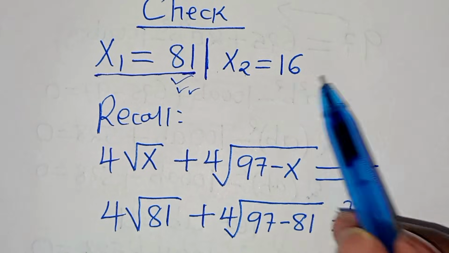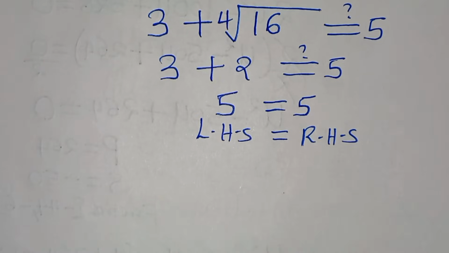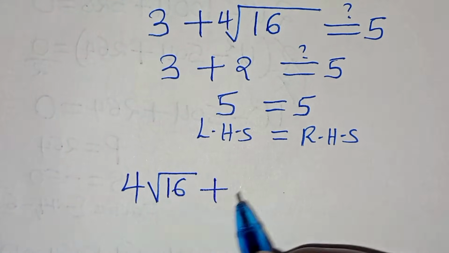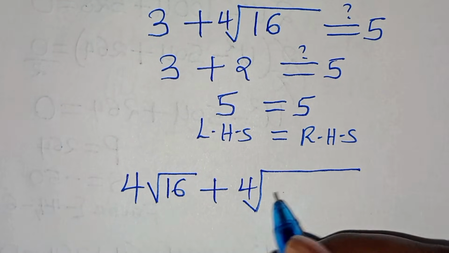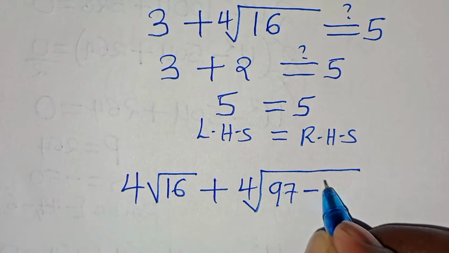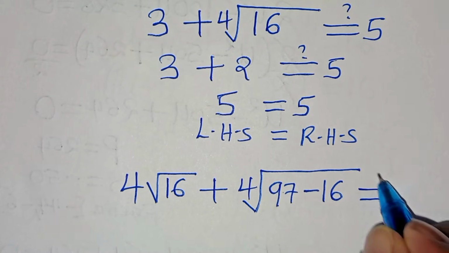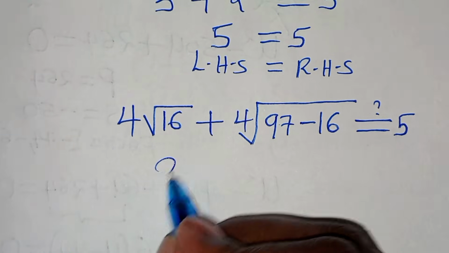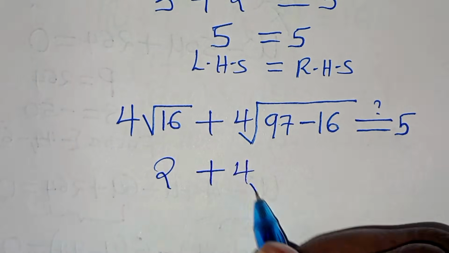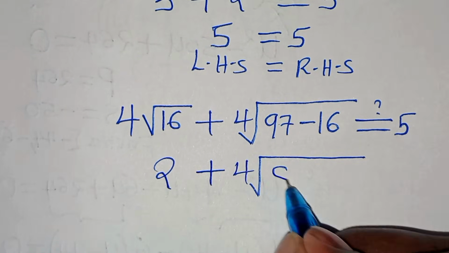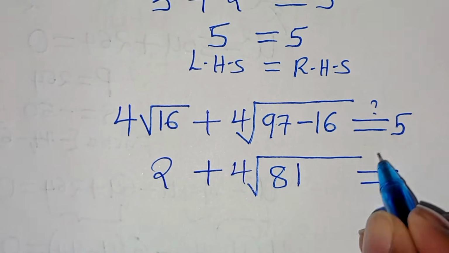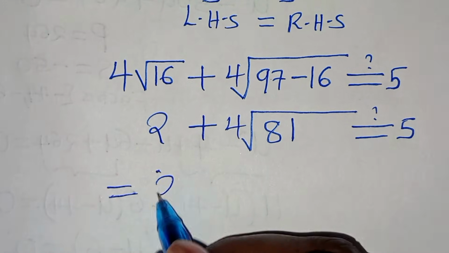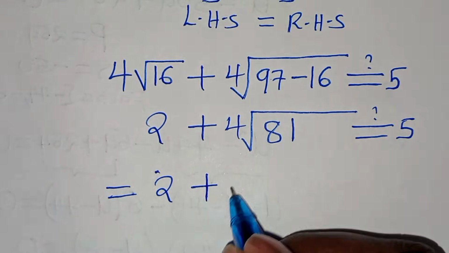And this shows that x1, which is 81, satisfies the equation. Let's check x2, which is 16. Substituting directly, we have the fourth root of 16 plus the fourth root of 97 minus 16. This is supposed to give us a value of 5. The fourth root of 16 is 2, then plus the fourth root of 97 minus 16, which is the fourth root of 81, which is 3.